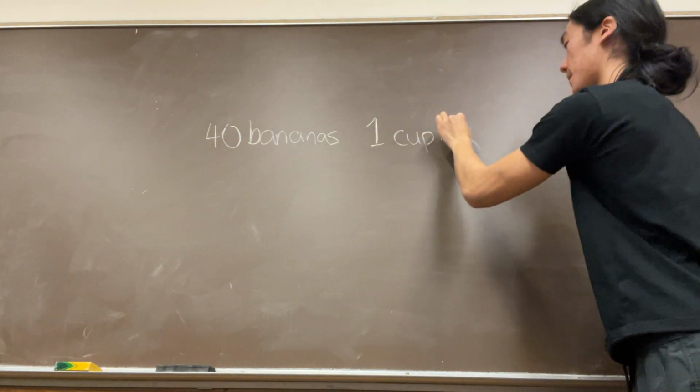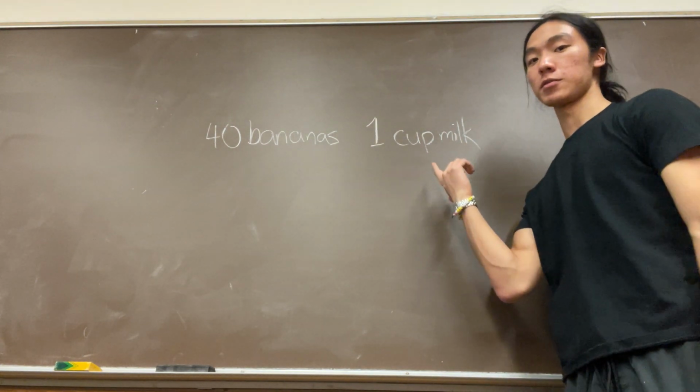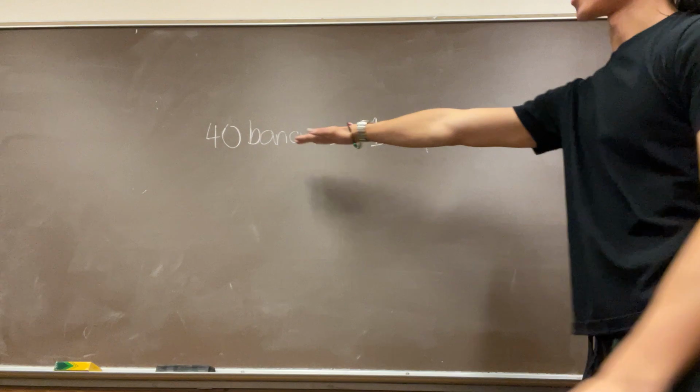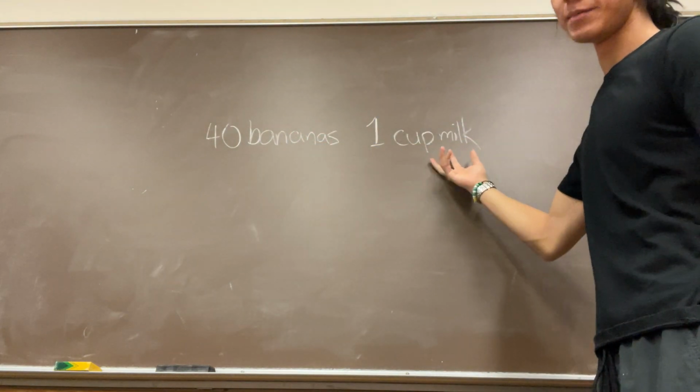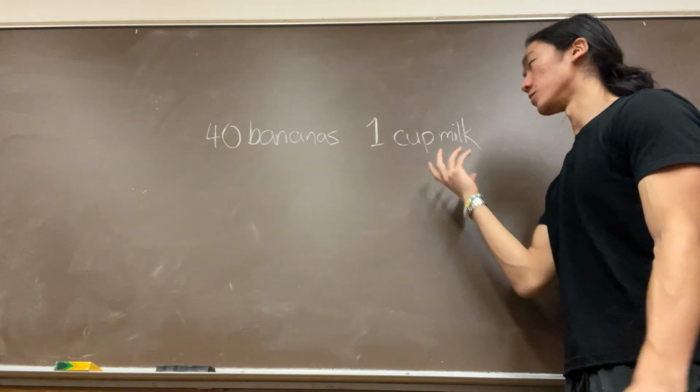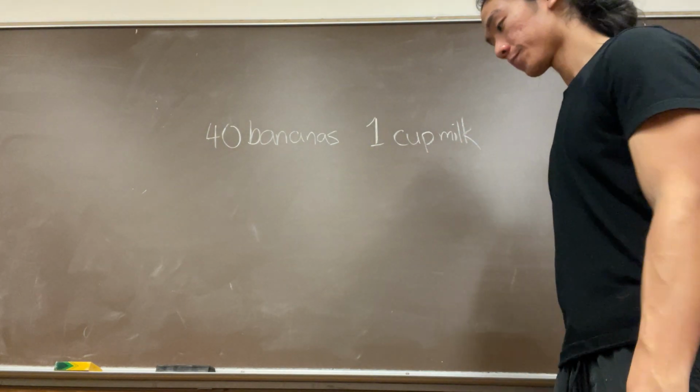You can't really make more than 1 milkshake because you've only got 1 cup of milk. So the bananas are our excess reactant because we'll have leftover after we're done, and the milk is our limiting reactant because we use all of it, and it's what stops us from completing more reactions.